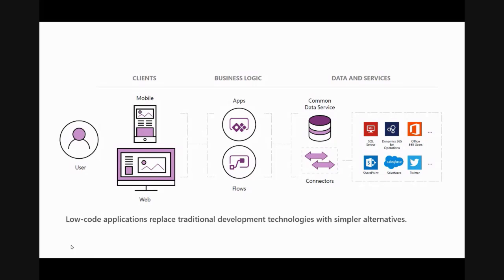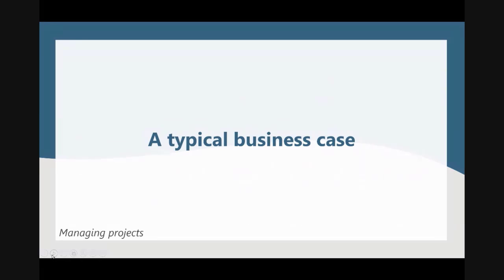And the data can be stored in the Common Data Service, which has been renamed Dataverse. It can also be connected to many other data sources, like SharePoint, like Twitter, etc.